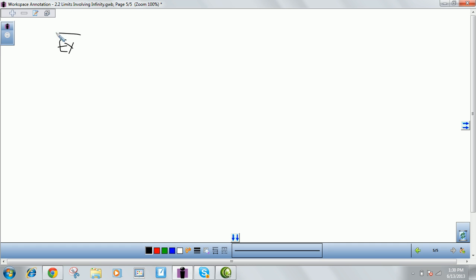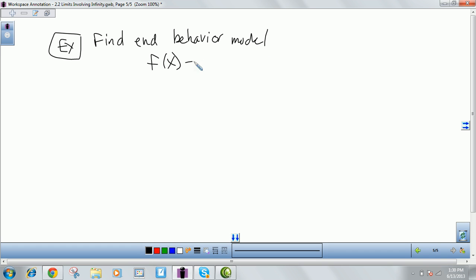In the first example, I want you to find an end behavior model. Your function is going to be 3x to the third minus 2x to the fourth plus 2x minus 1.